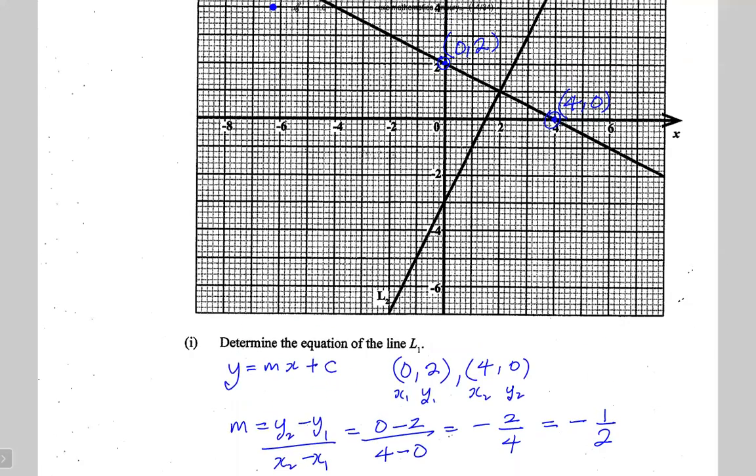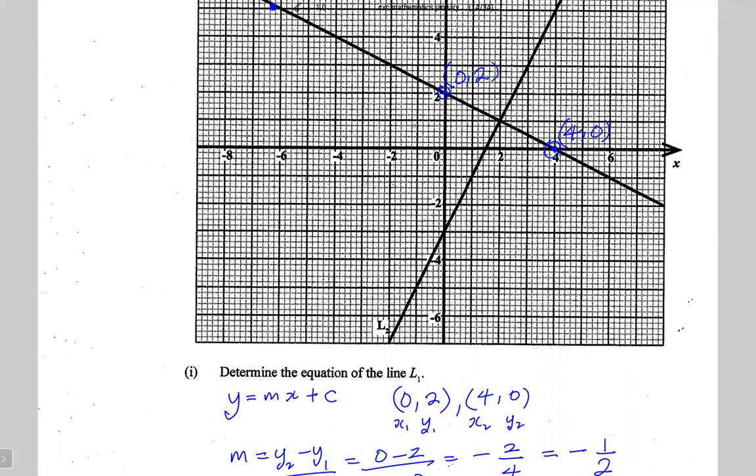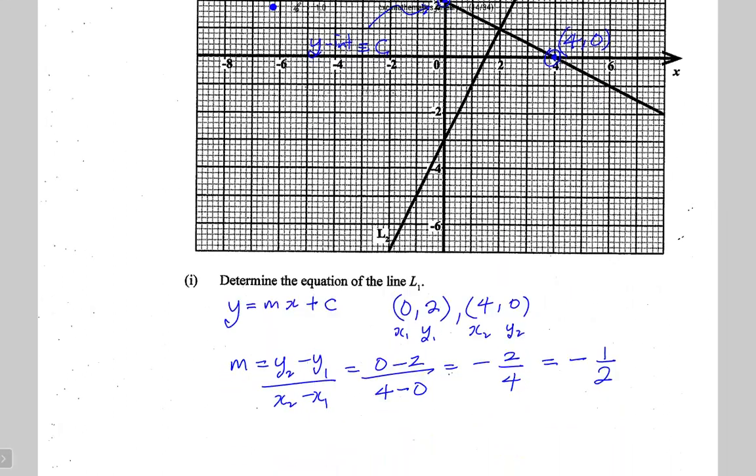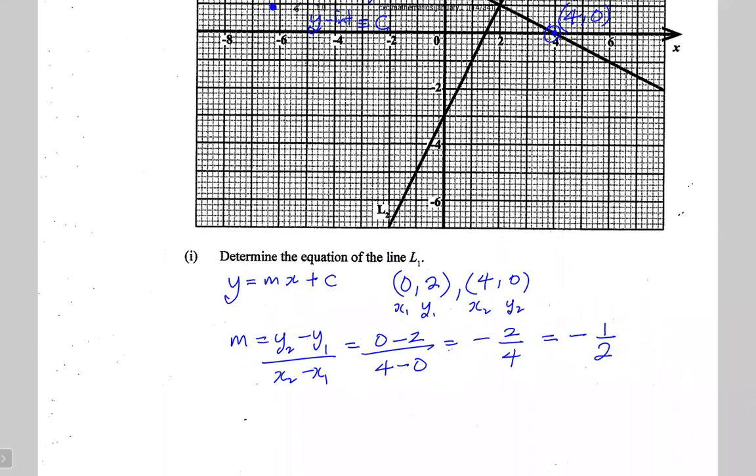Now L1 cuts the y-axis at 2. So that point here is the y-intercept, which is c. So c is 2. So I have both the gradient and the y-intercept. The gradient I found by calculation, and the y-intercept c I determined by inspection.